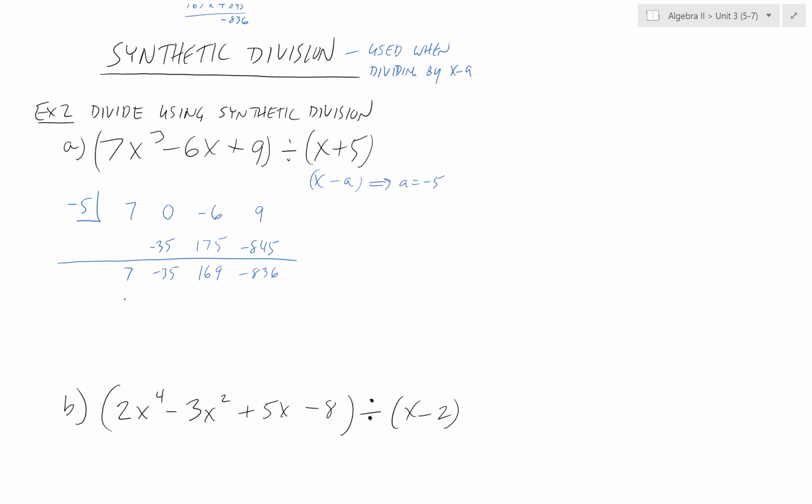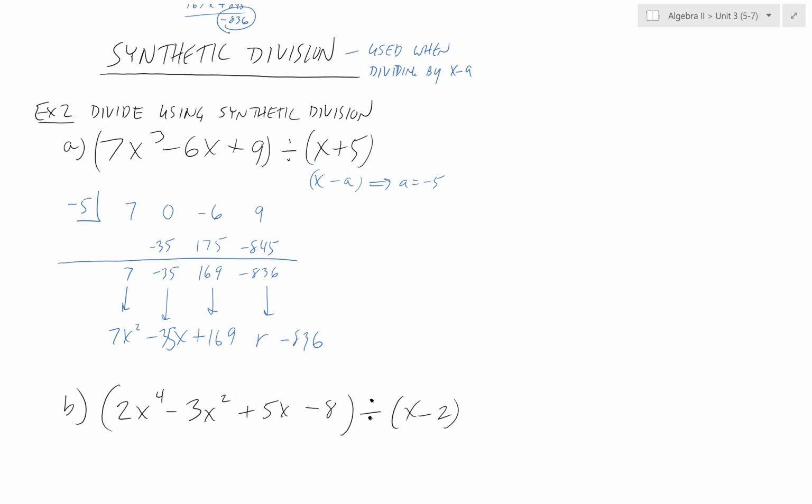And so this 7 means 7x squared because we had an x cubed divided by an x. So our answer should start with an x squared. And then this means negative 35x. This means plus 169. And this is our remainder, negative 836.